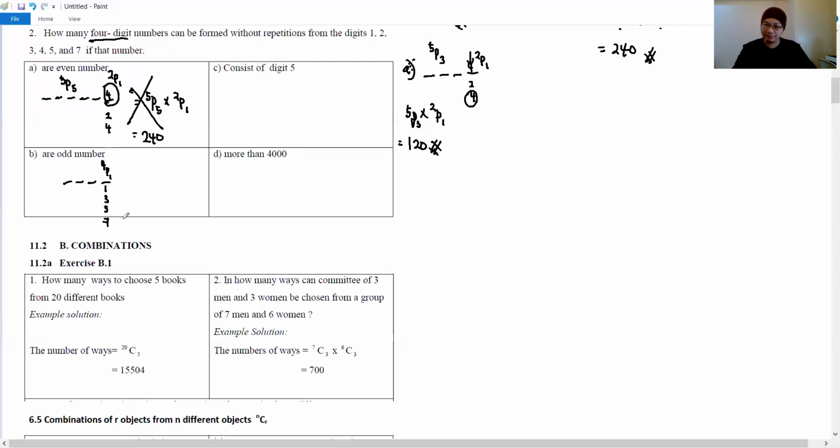That's why 4P1. Now let's say I choose number 1 here. I put 1 here. So what happened to 3, 5, and 7? They return back to the pool again. So what are the numbers available in our pool? It will be 2, 3, 4, 5, and 7. 5 digits available. We want to sort in 3 places. So 5P3.